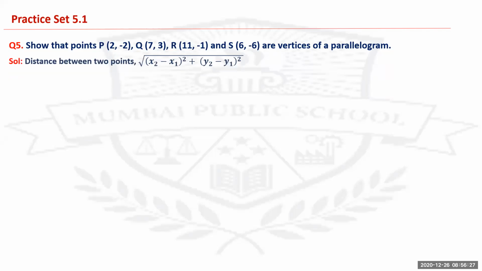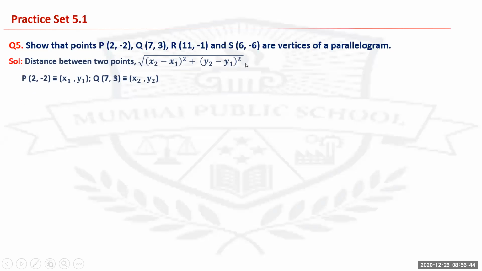Here we are going to find the distances between the 2 points using the distance formula. With the distance formula, we are going to get the length of all the sides of the parallelogram first.